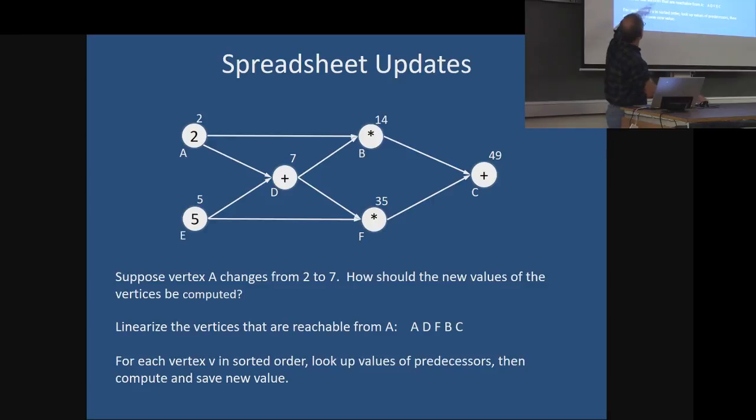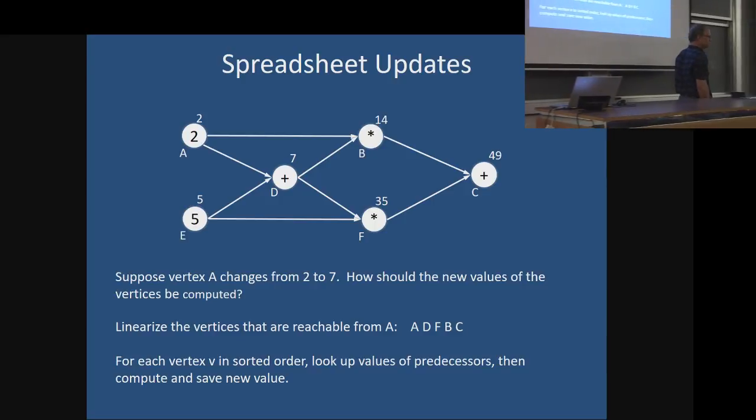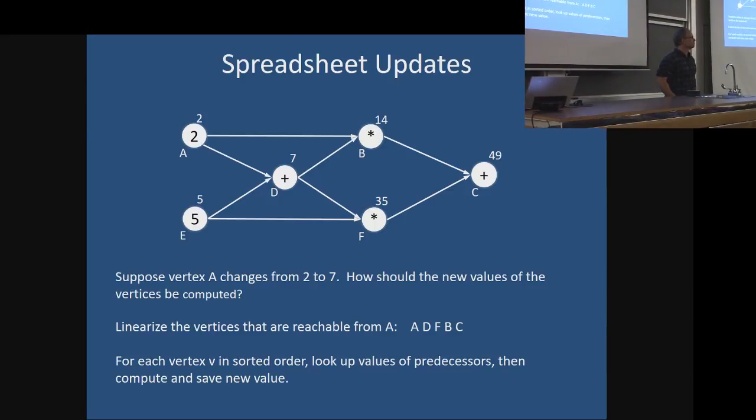Now, if A changes, we don't need to recalculate E. Yeah? So when you linearize versus the original A, how do you do that using the other method, more generically, when you don't use the pre and post?